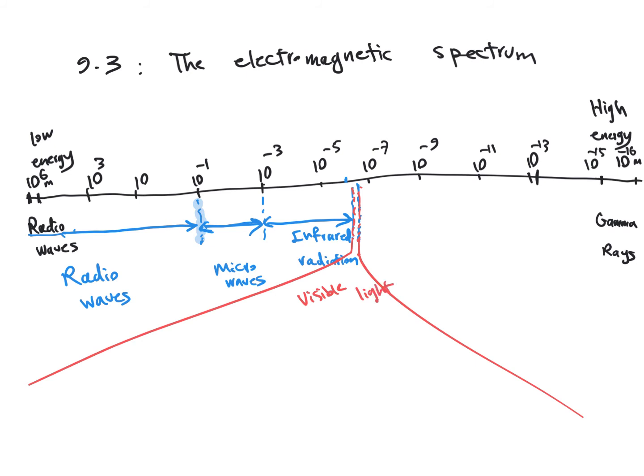And continuing with the rest, from here to 10 to the power of not quite minus 9, but close to it, we have UV, ultraviolet radiation. And then from here to 10 to the power of minus 11, we have X-rays.